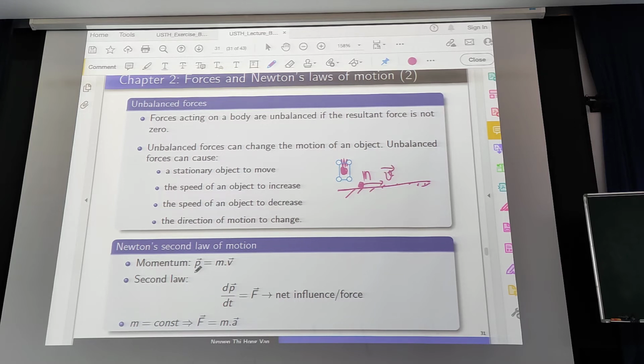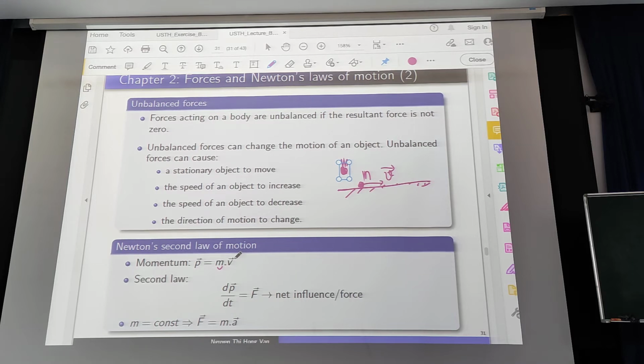So the momentum, which I denote as the vector p, is equal to m multiplied by v. m is the mass of the object, v is the velocity vector. So you see that the momentum and velocity are pointing along the same direction, and that is the direction of motion.